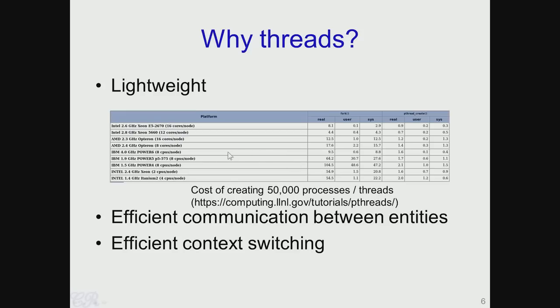Let us take any of these machines as an example, let us say the first one. If you look in this particular column, the time taken is 8.1 in order to create 50,000 processes using the fork system call. On the other hand, creating 50,000 threads on exactly the same machine only requires a time of 0.9. So, we see that creating threads is much more efficient than creating processes.